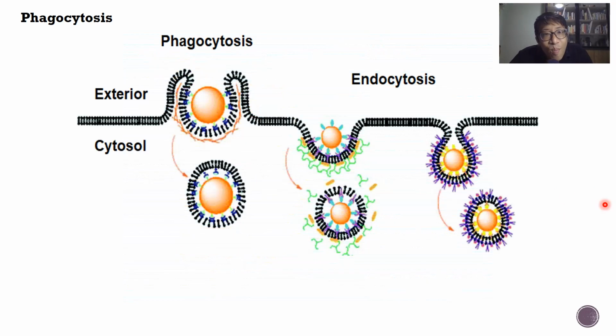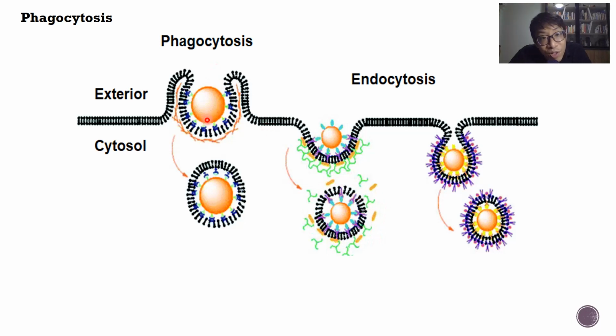Okay, so a bit more on the difference between phagocytosis and endocytosis. Endocytosis, as you have learned it before, involves the invagination, the infolding of the cell surface membrane, to surround the substance to be taken in, in an endosome.